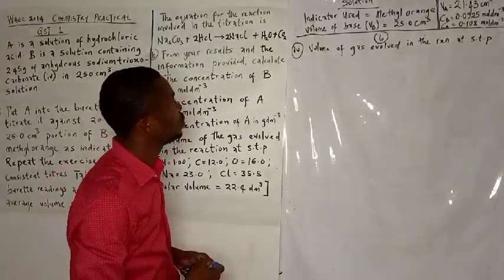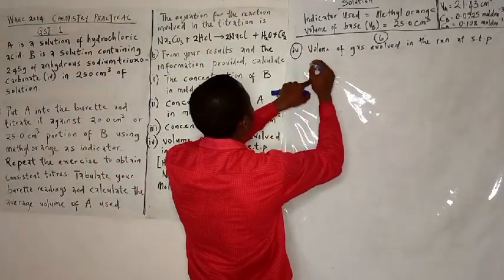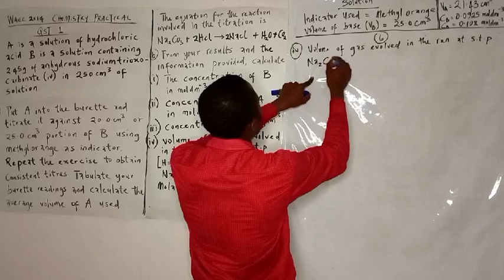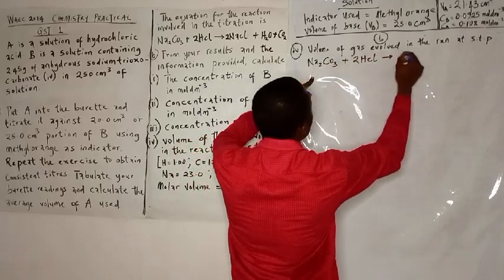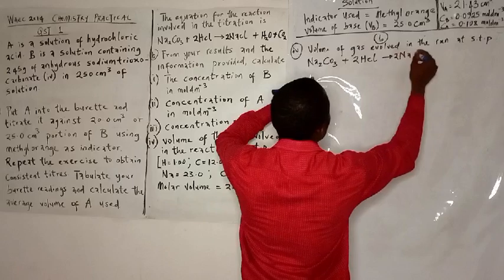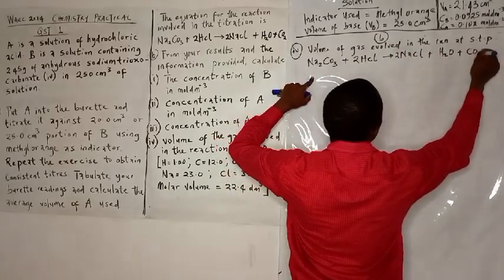And so we need to calculate the volume of that gas. Let me draw our attention to the equation of reaction. The equation of reaction has it that Na2CO3 plus 2HCl gives us 2NaCl plus H2O plus CO2.